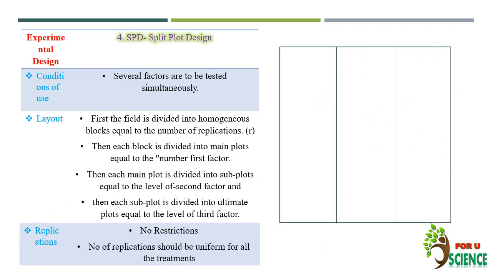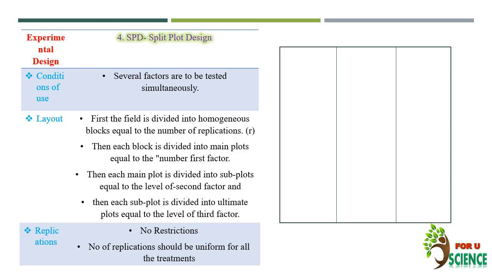Then we will discuss the split plot design, that is SPD. When there are several factors and we are studying them simultaneously, we use the split plot design. The field is divided into main plot, subplot and ultimate plot.